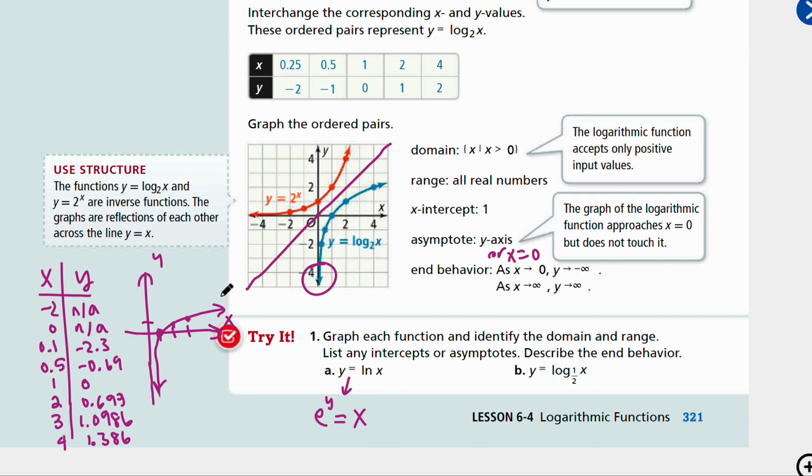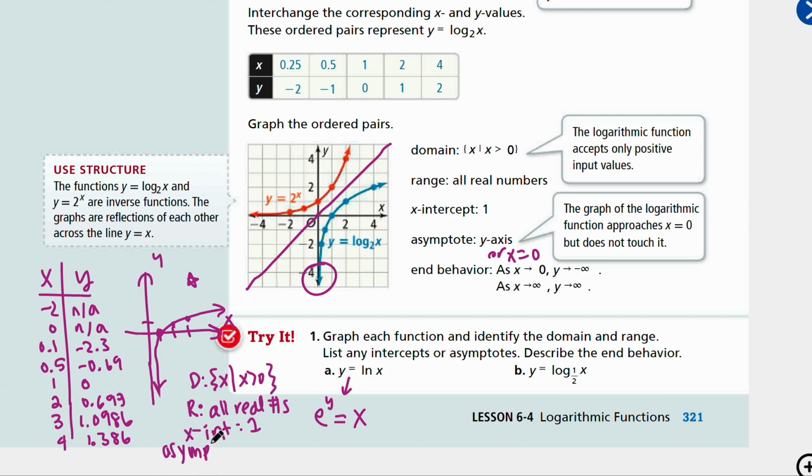Okay, let's identify domain and range. So this is the graph. Domain would be anything greater than 0 and not equal to 0. And range is all real numbers. The x-intercept is equal to 1.